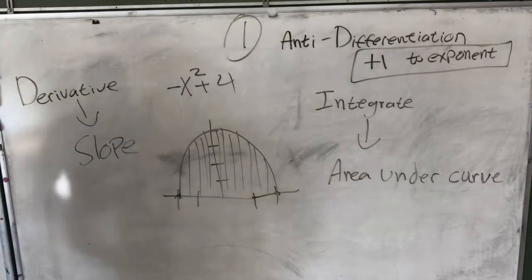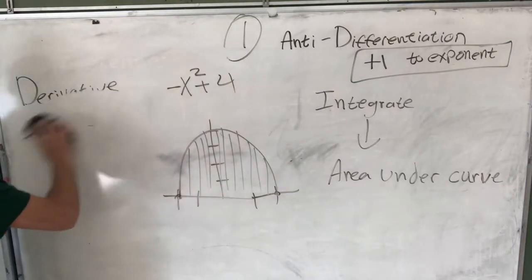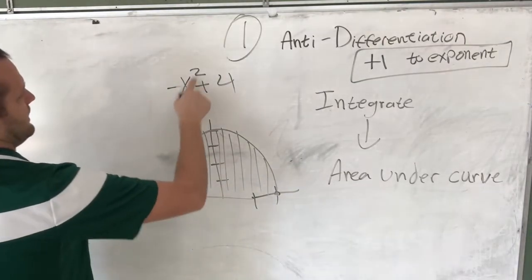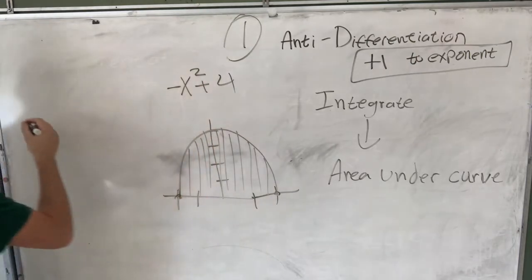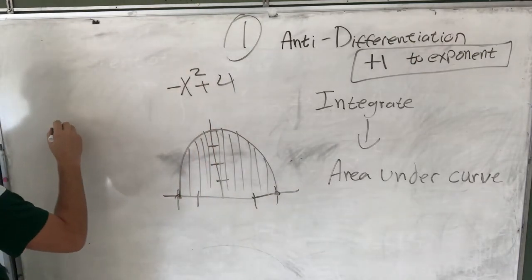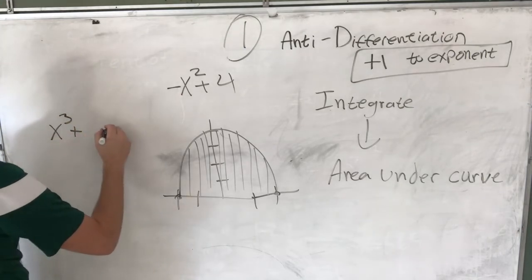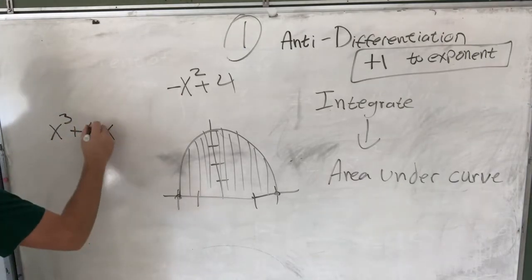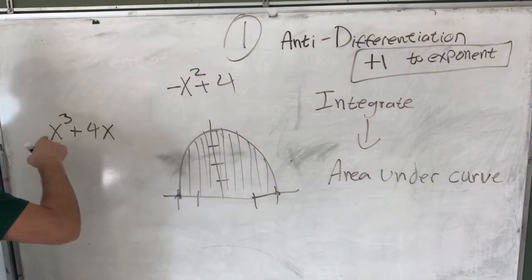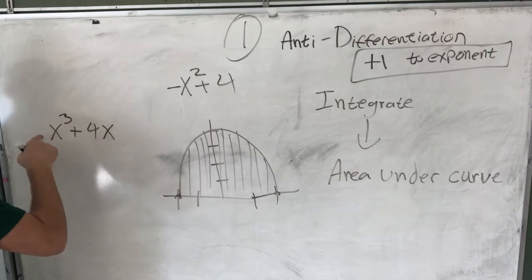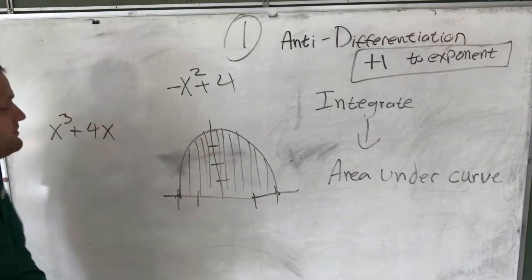So if we tried integrating this problem here, okay, we've got negative x squared plus 4. If we integrated that, that would give me negative x cubed over 3 plus 4x. The negative x cubed, 3 times what equals negative 1?